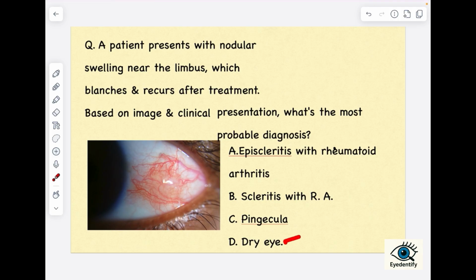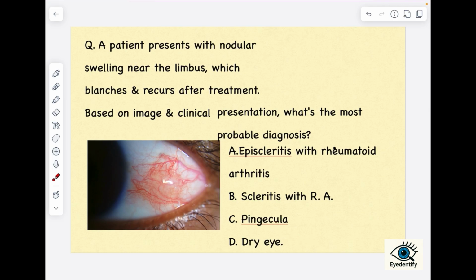First is dry eye. We know that in dry eye, we don't get this nodular swelling. Dull congestion can be there in case of severe dry eye, but not this nodular swelling. So this option is cut. Now is pinguecula.